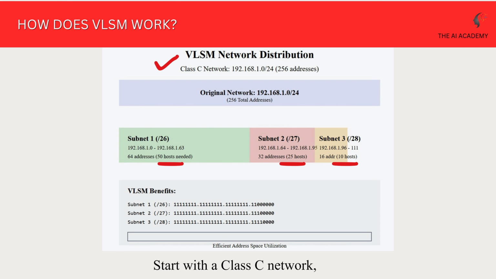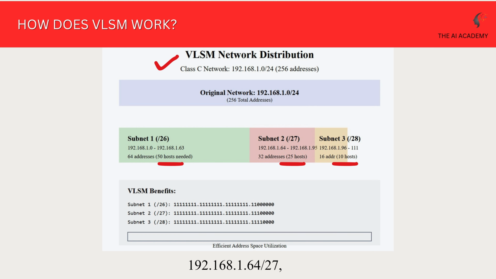Start with a Class C network, 192.168.1.0/24, 256 addresses. Subnet 1, 192.168.1.0/26, 64 addresses from 192.168.1.0 to 192.168.1.63.